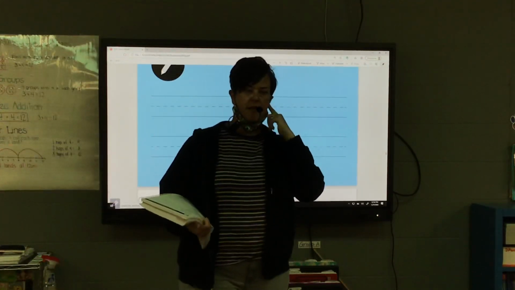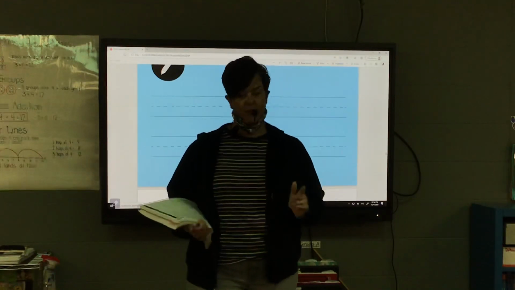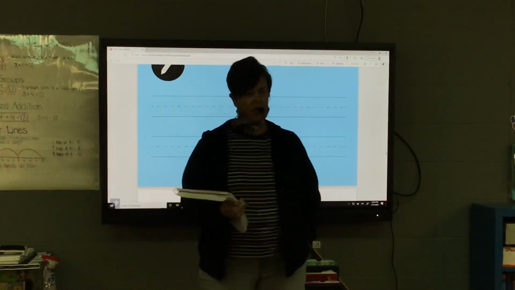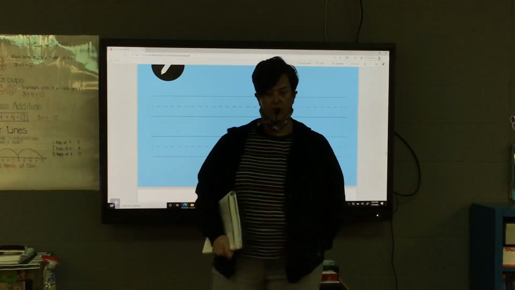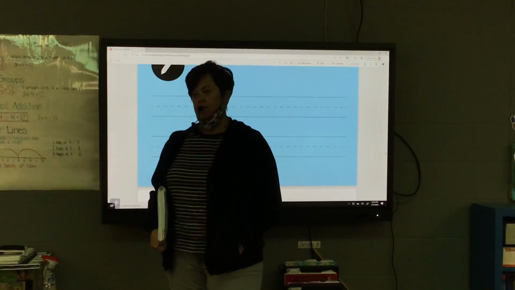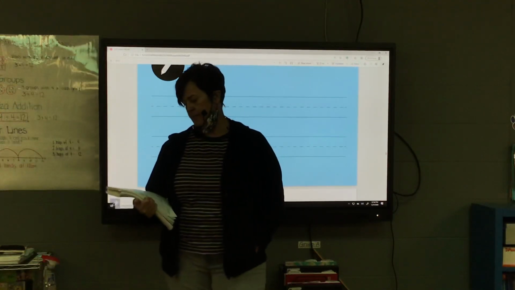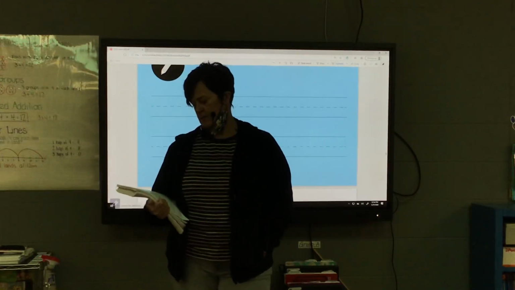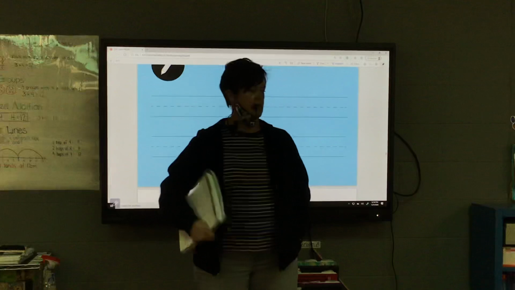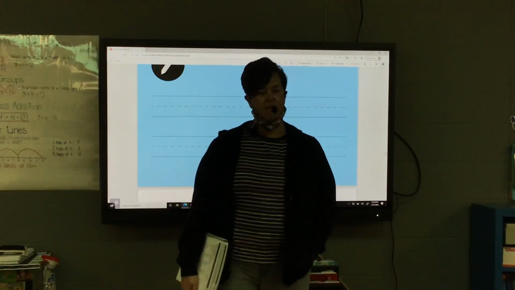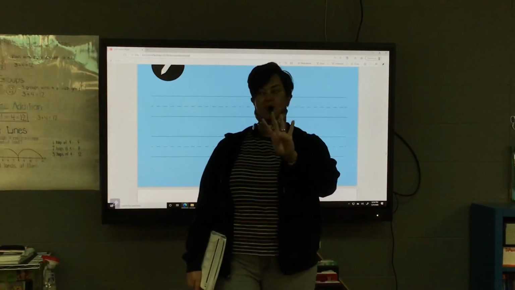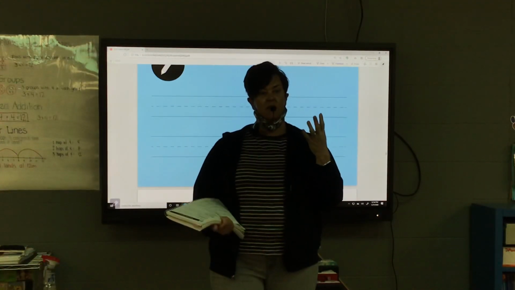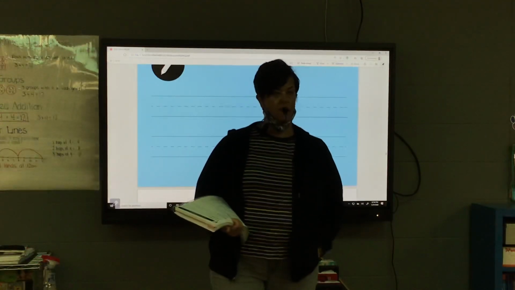Listen to this next sound and then listen to what I say after the sound. J. At the end of a word after a short vowel. J. This next one, four ways. How many? Four ways for the long O sound.